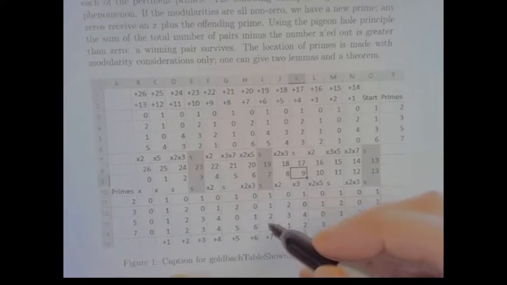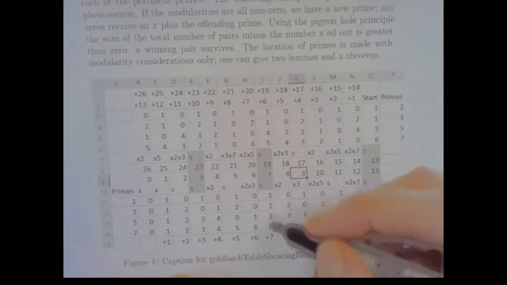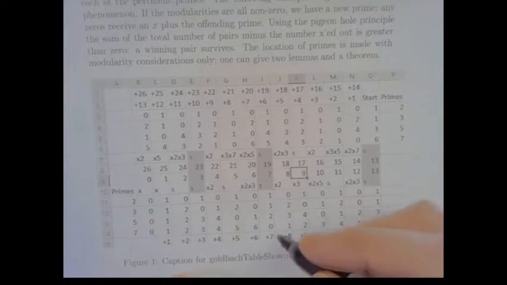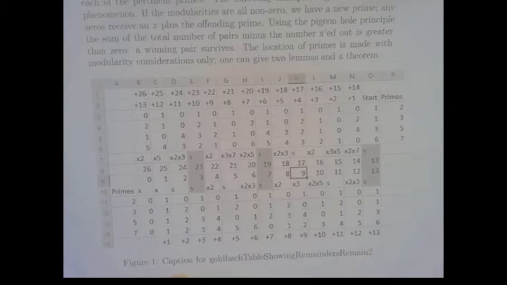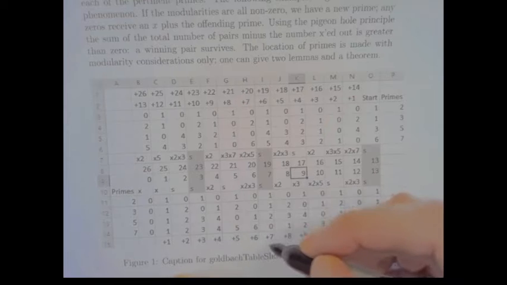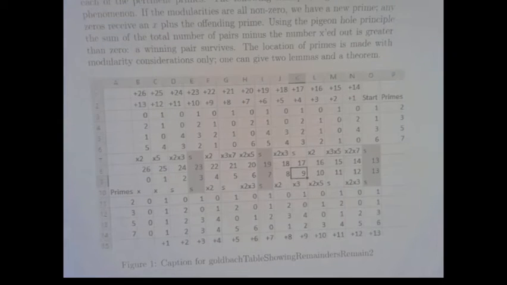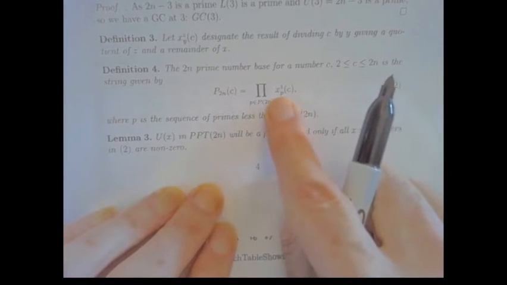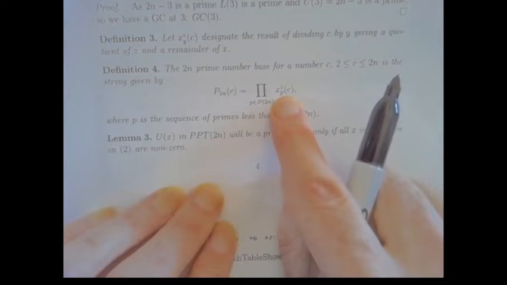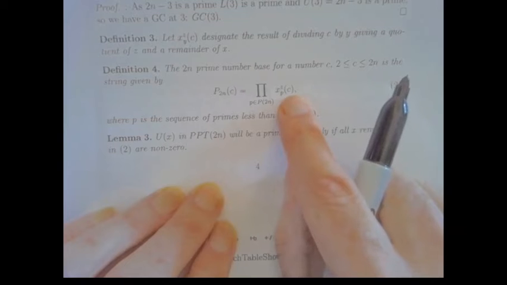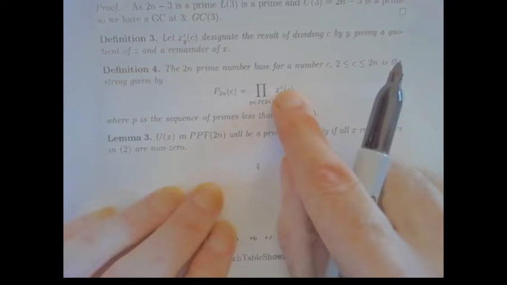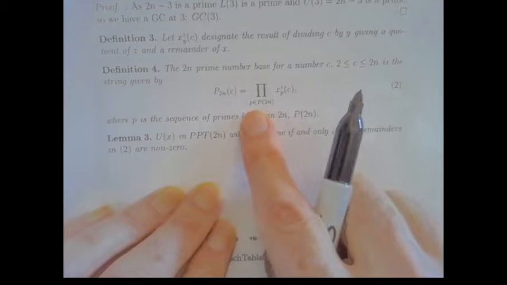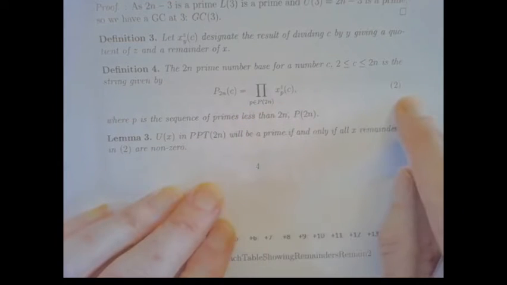So you might be getting some ability. I've never explored in any book that I've ever read that you can get these prime factor, so you had a name for it, prime base depictions of numbers, where you take this a little bit further and you get the remainder when C is divided by P is X and the quotient is Z. And then you stack these up for all primes from 0 to 2n, and you string them along.